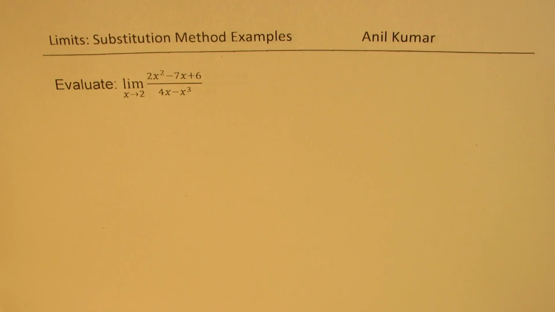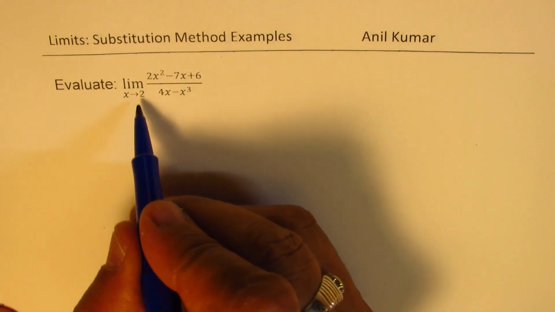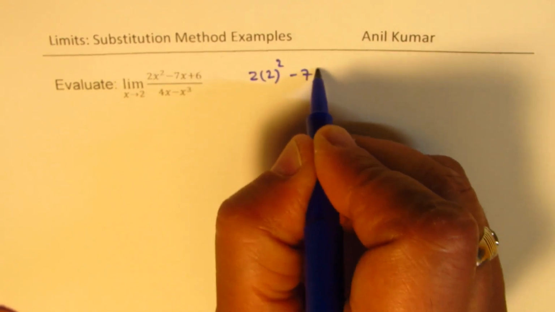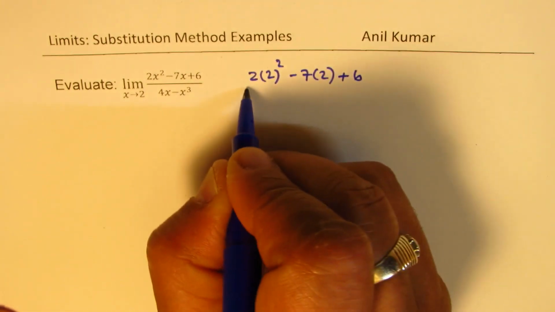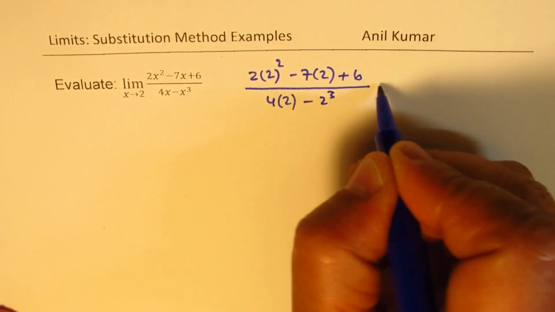Now, you saw that in both the examples, we actually performed a combination of substitution and factoring. That means that factoring is definitely a very useful method, right? Now, in this example, if I substitute 2 here, then we get 2 times 2 square minus 7 times 2 plus 6 over 4 times 2 minus 2 cube, right?